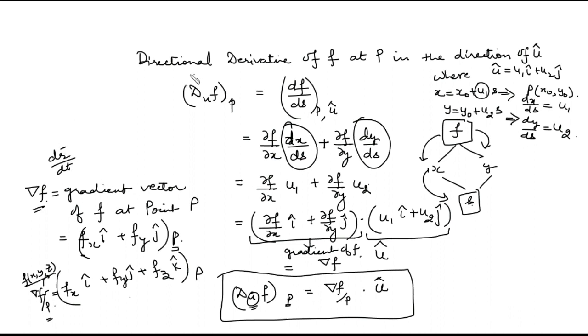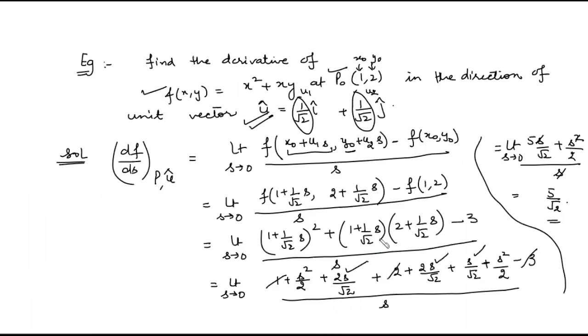So what is the physical representation of the directional derivative? This represents the value of the derivative in a particular direction at a point P. Now just see in the previous question, if we find out this value with the help of this formula, then we need to find out the gradient of f. Now gradient of f in this case will be the partial derivative of the function with respect to x i cap plus the partial derivative of the function with respect to y j cap.